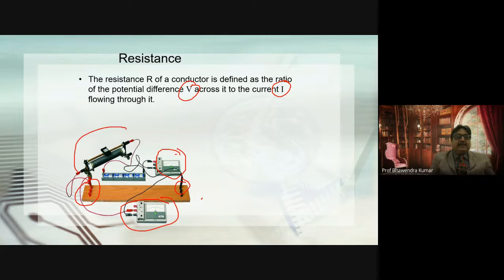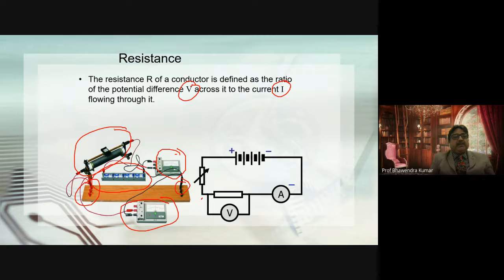This element is the rheostat, right? And this is the source of EMF, correct? And between these 2 points, the resistor is present. The voltmeter is present across the resistor. Do you understand it? So this is the equivalent diagram.